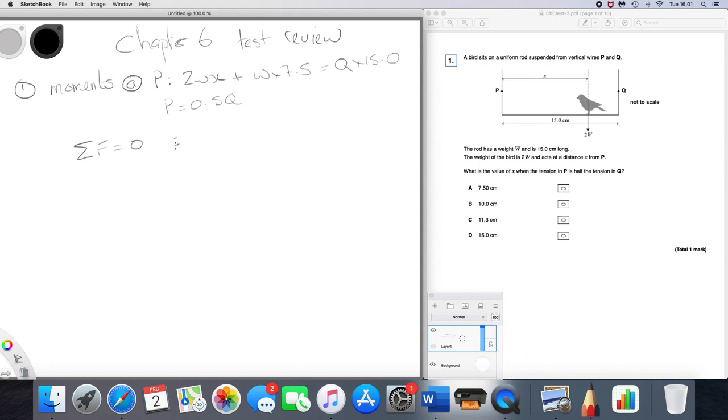So if we apply our second condition for equilibrium, we can say that 2W plus W equals P plus Q. So that's 3W equals P plus Q. So if P is a half Q, then 3W equals 1.5 Q, so Q equals 2W.